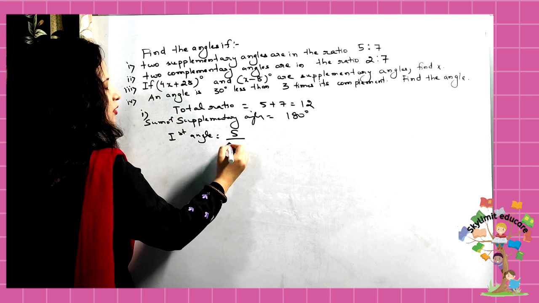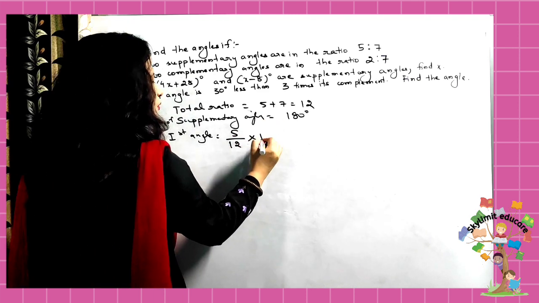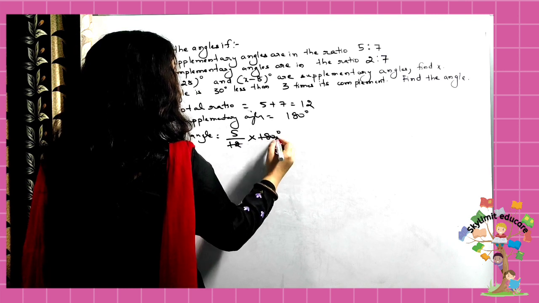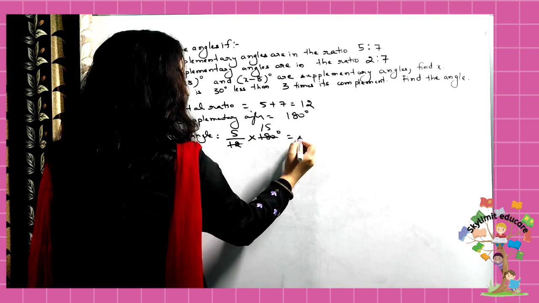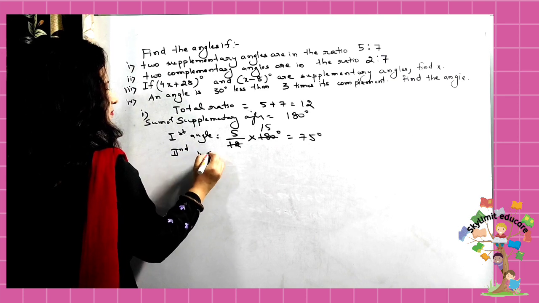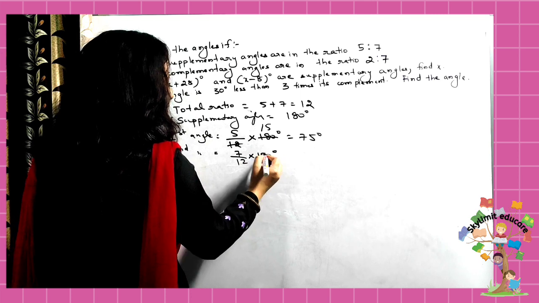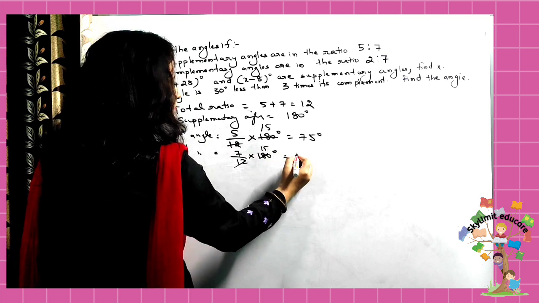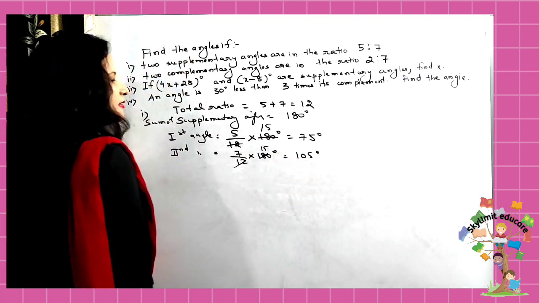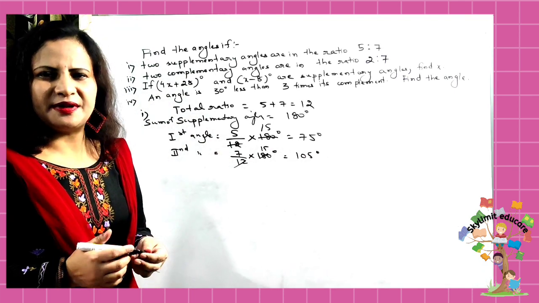So 5 out of 12, the total ratio, multiplied by 180 degree, is 75 degree. Second angle is 7 out of 12 multiplied by 180 degree. Clear? So this way also you can do, or the first method that I have told you, whichever you like.